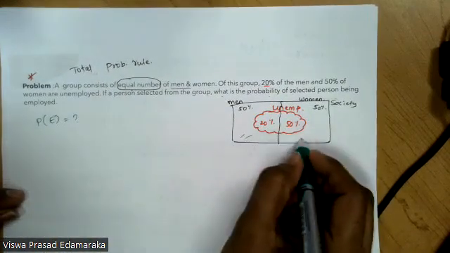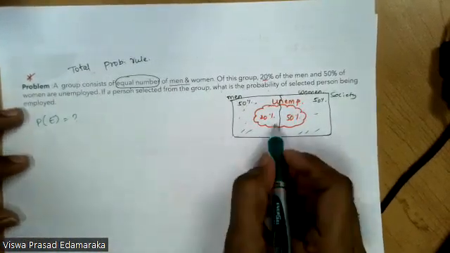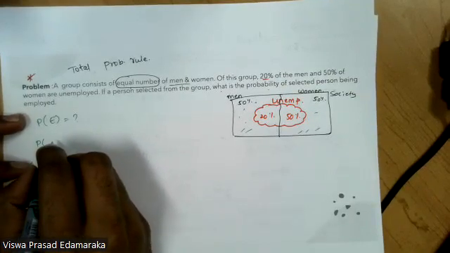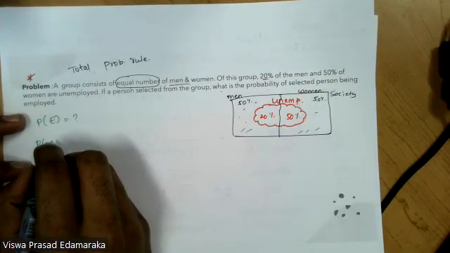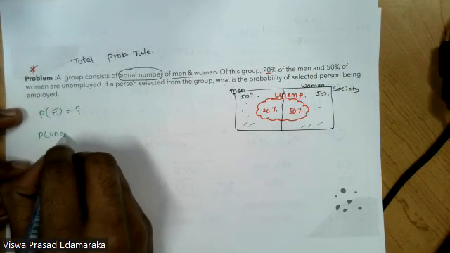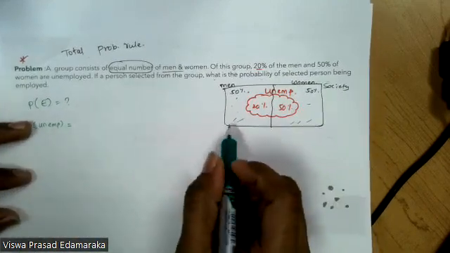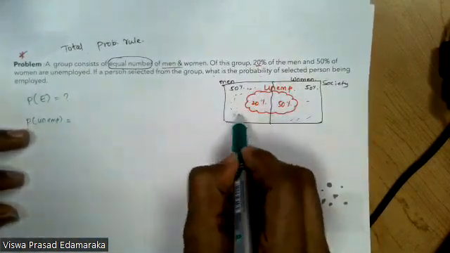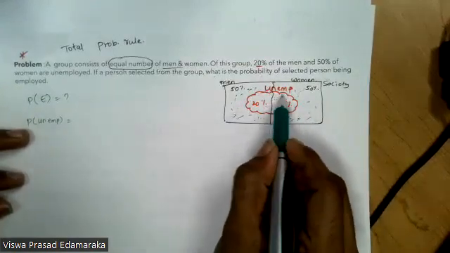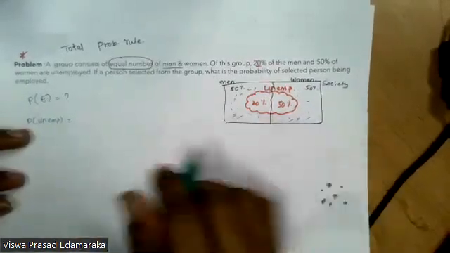Employed means this area, the green color area. First, we will find out the probability of unemployed. It is very difficult to find the rest area directly, so I am going to find the unemployment area and simply subtract it from 100%.